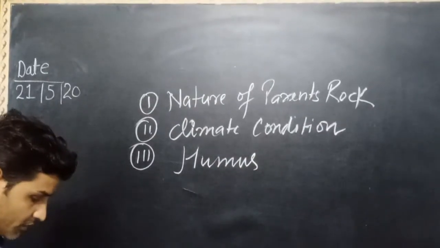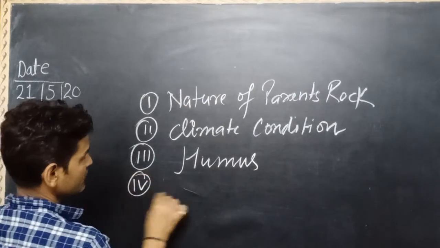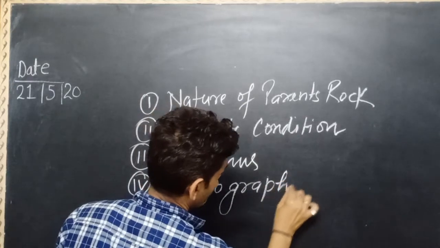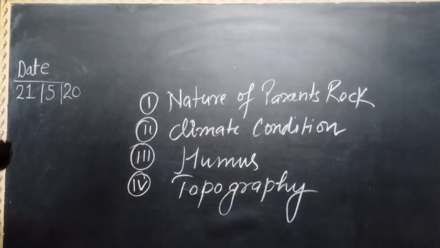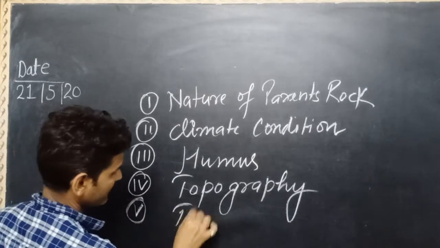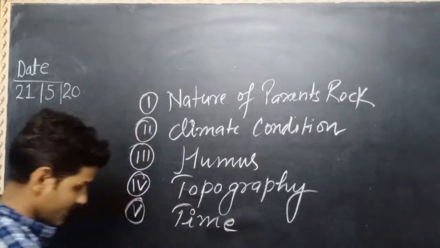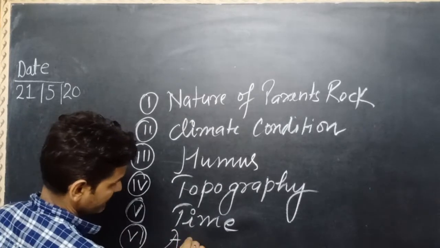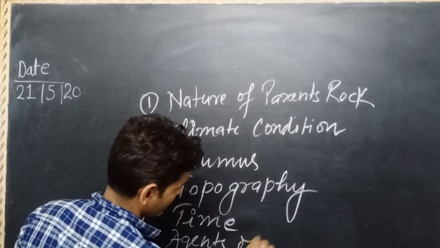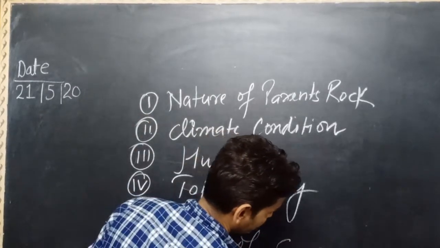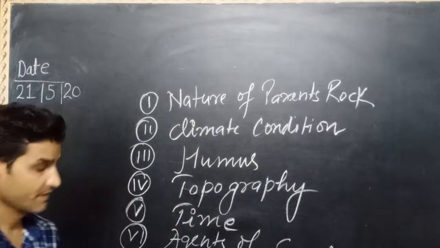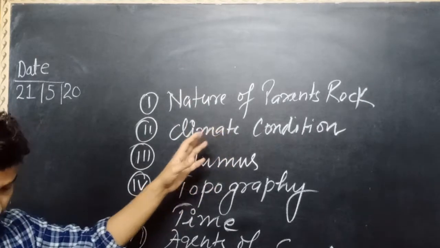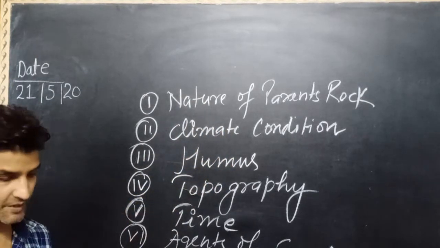Fourth one, topography. Fifth one, time. And sixth one, agents of erosion. These are the 6 major factors that determine soil formation.